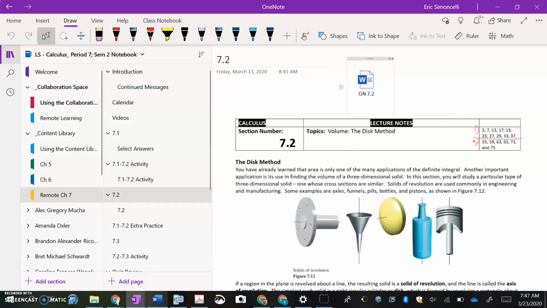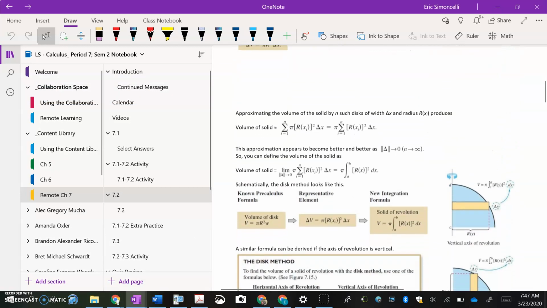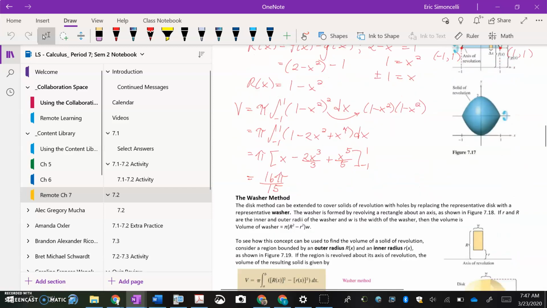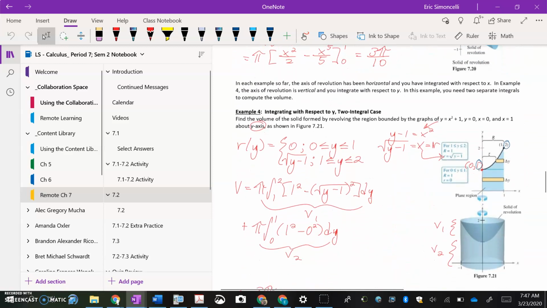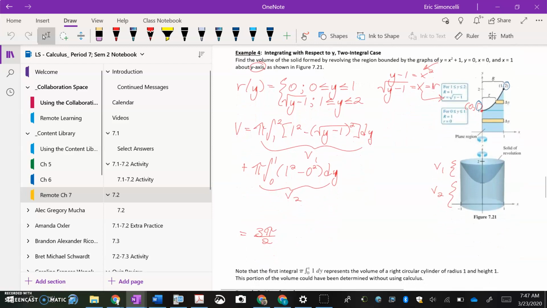But like I was saying, we had begun the notes and gotten all the way to example 4. Example 4, if you guys recall, entailed us finding the volume of the solid formed by revolving the region bounded by the graphs of y equals x squared plus 1, y equals 0, x equals 0, and x equals 1 about the y-axis.